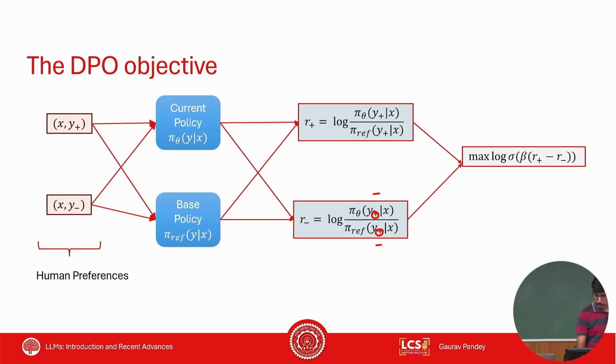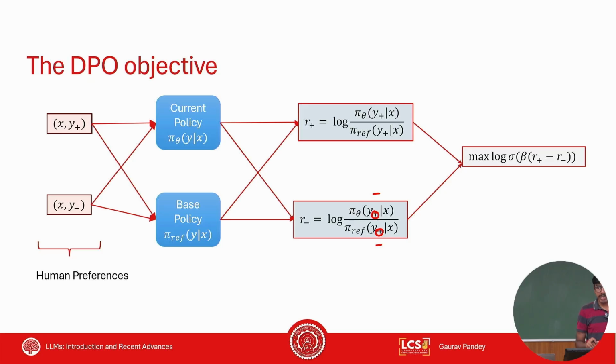This should be minus, my bad. Then you will maximize the log sigmoid difference between those implicit rewards. And this is as easy to implement as SFT. The only difference is that there are two networks that you have to do a forward pass through, but other than that, it's as easy as SFT.